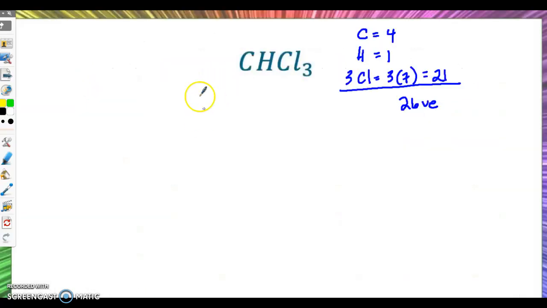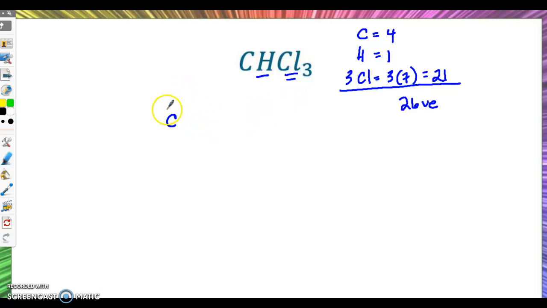So in this case, it's going to be carbon. Should be no surprise there. So there is carbon. Once I know that carbon is in the middle, I can see that there are 4 atoms, 1 hydrogen and 3 chlorine, that need to go around carbon.